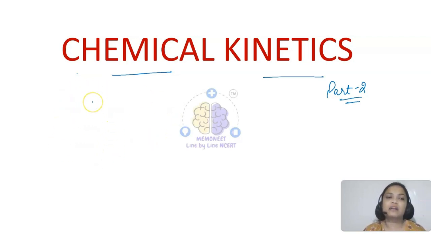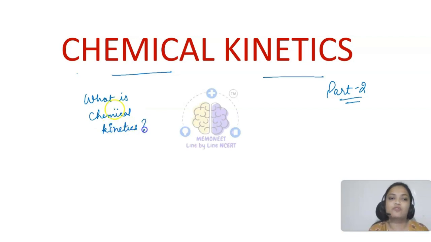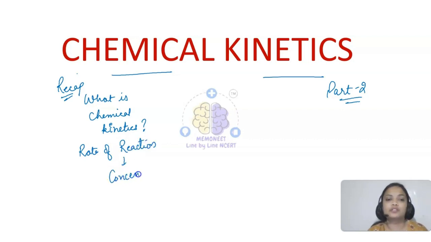In the last part I discussed firstly what is chemical kinetics, meaning what do we study in chemical kinetics. This is just a recap of what we did in the last class. Then we discussed the rate of reaction, and how the rate of reaction depends on the concentration.